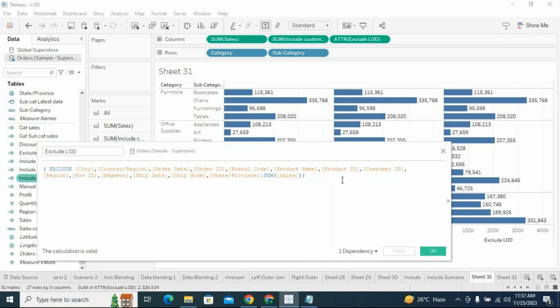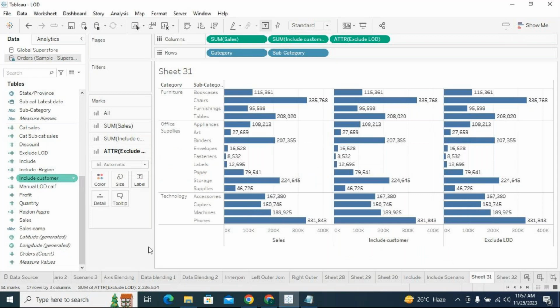Okay, so whenever you get a requirement to exclude your measure aggregation to specific dimensions, you can make the list like this based on the client requirement. Okay, that's one thing.